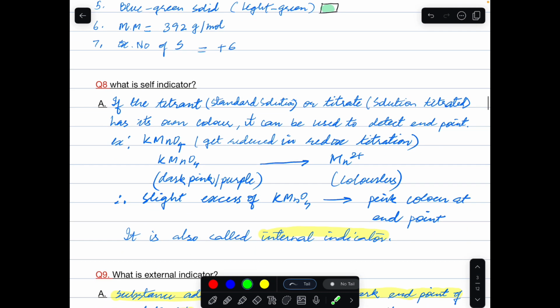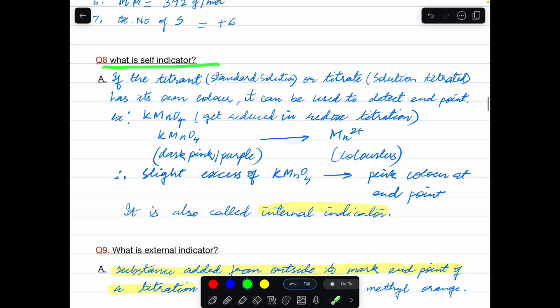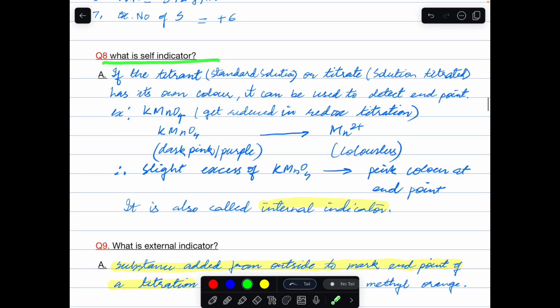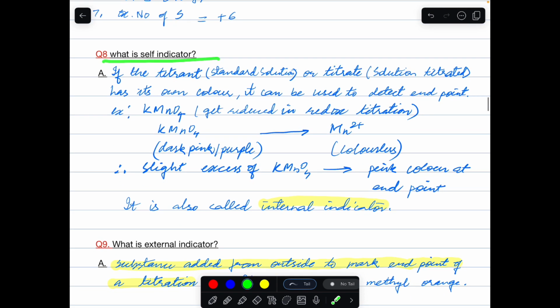Now next is, what is a self indicator? In the titration that you have done, you have titrated your Mohr's salt solution with potassium permanganate solution. In this case you have not added any indicator. Why? Because your potassium permanganate solution is colored.